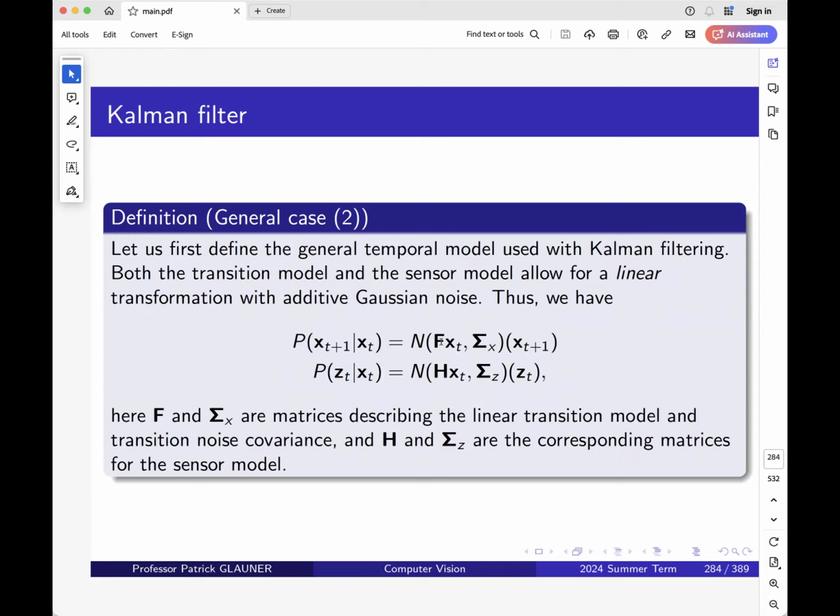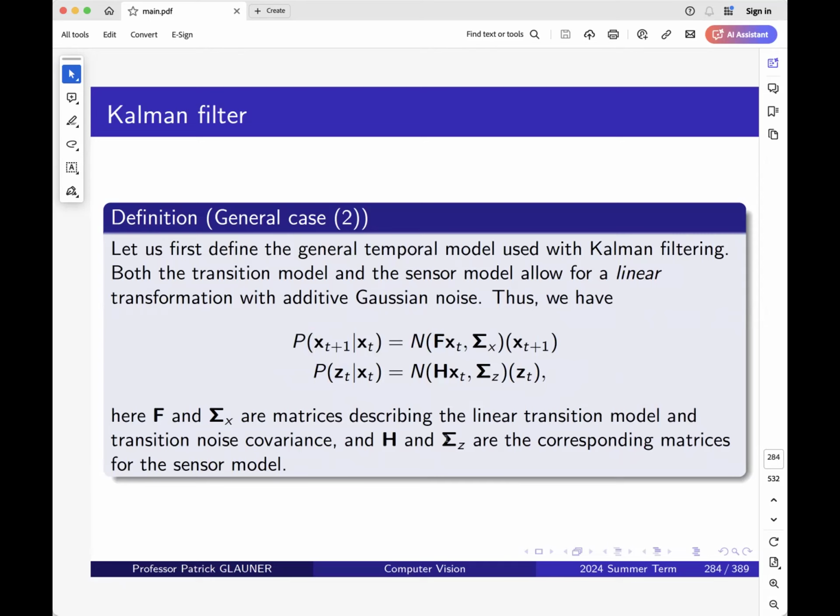And now there are a few new entries, F and sigma. So sigma x is used in our linear transition model. We use these matrices to describe our linear transition model and to describe our noise covariance.